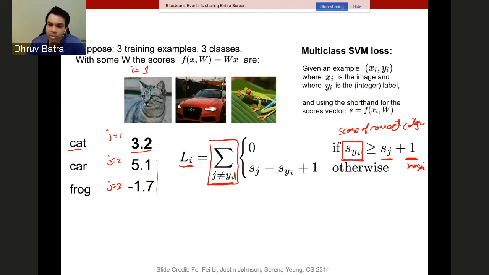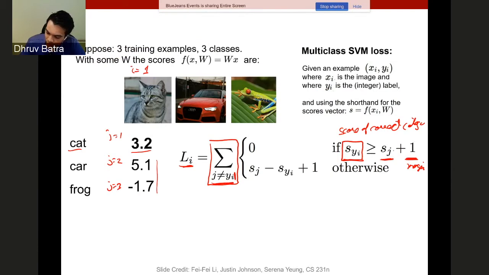If you remember your SVM lectures, turns out this is just an arbitrary scale-free quantity. 1 can be replaced by any epsilon, which is strictly non-zero, and the entire optimization problem will scale up or down. So let's put that aside. 1 doesn't really matter. It can be replaced by any positive constant.